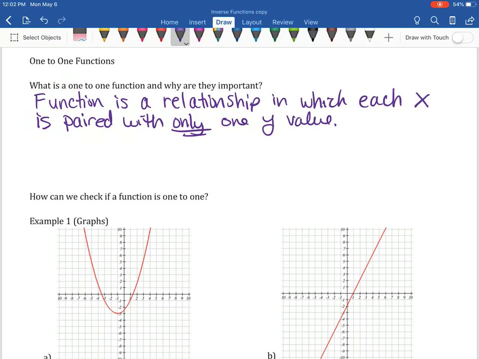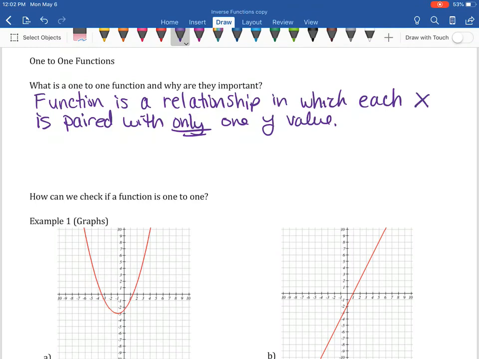So that's what a function is. Every value of x is paired with only one y. So in other words, you're not going to have 4 mapped with 3 and then 4 also mapped with the y value of 2. You're just going to have 4 mapped with one y value.